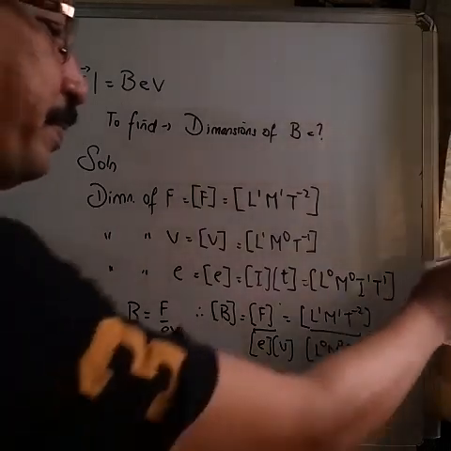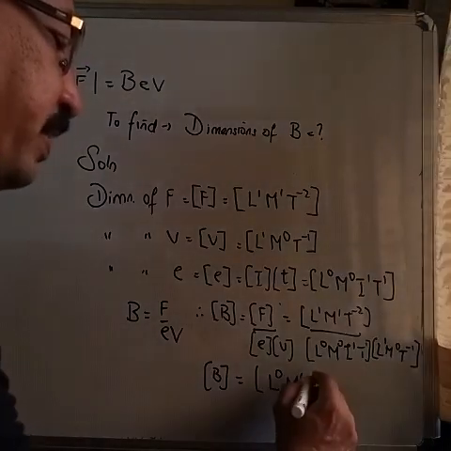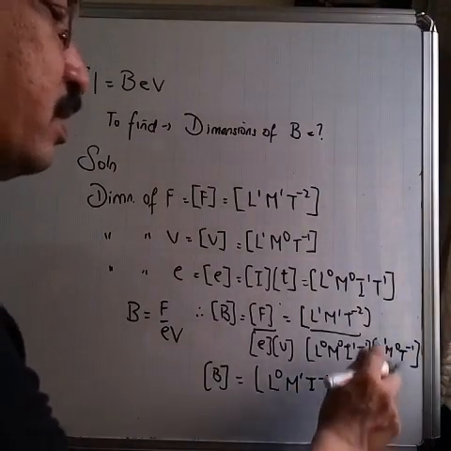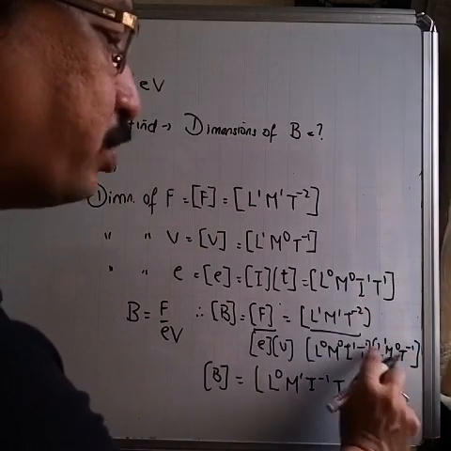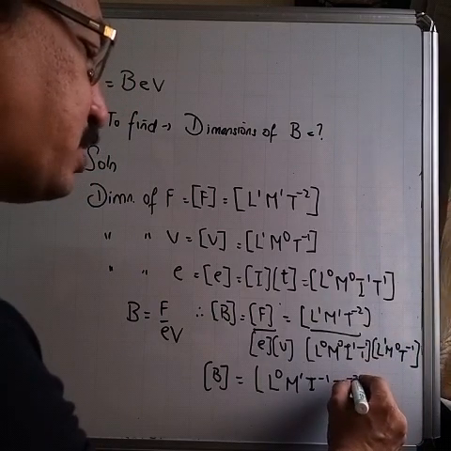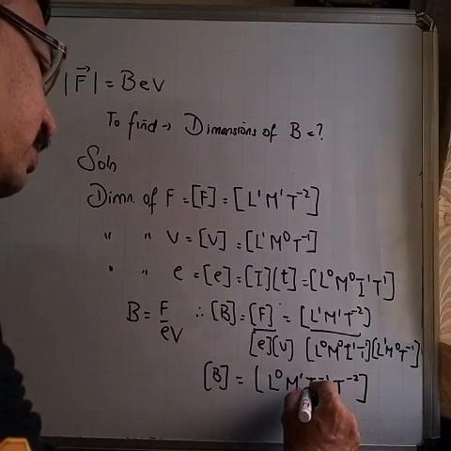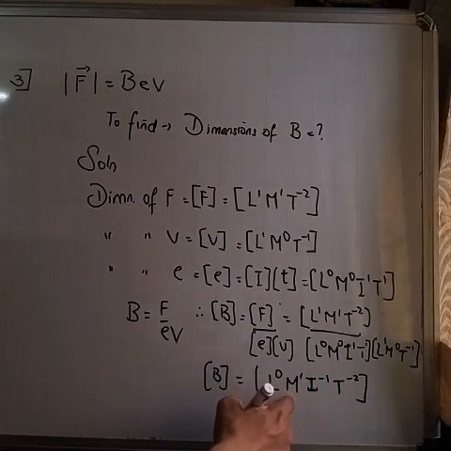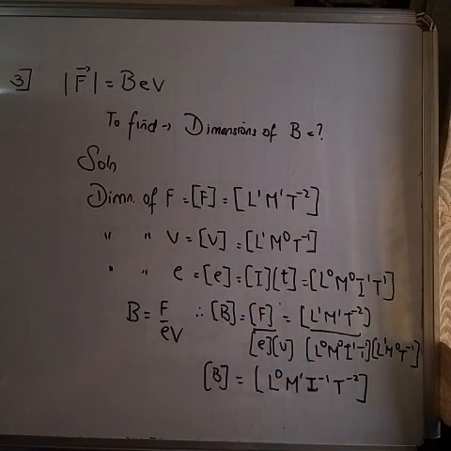I, when you bring it from the denominator to the numerator, becomes I raised to minus 1. And time, T raised to minus 2, since 1 and minus 1 become 0. So the dimensions of B are L0 M1 I raised to minus 1 T raised to minus 2.